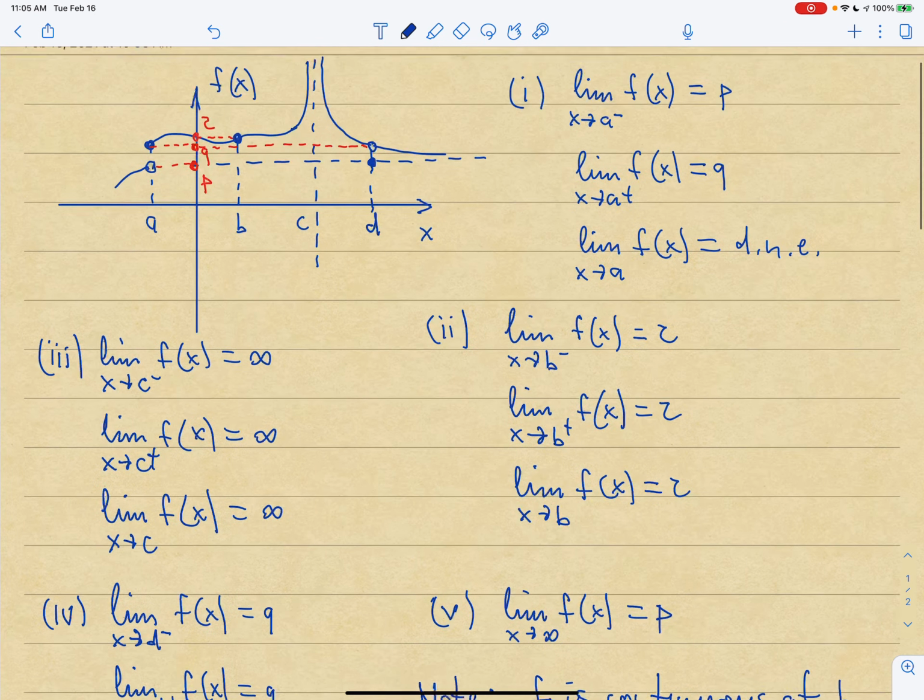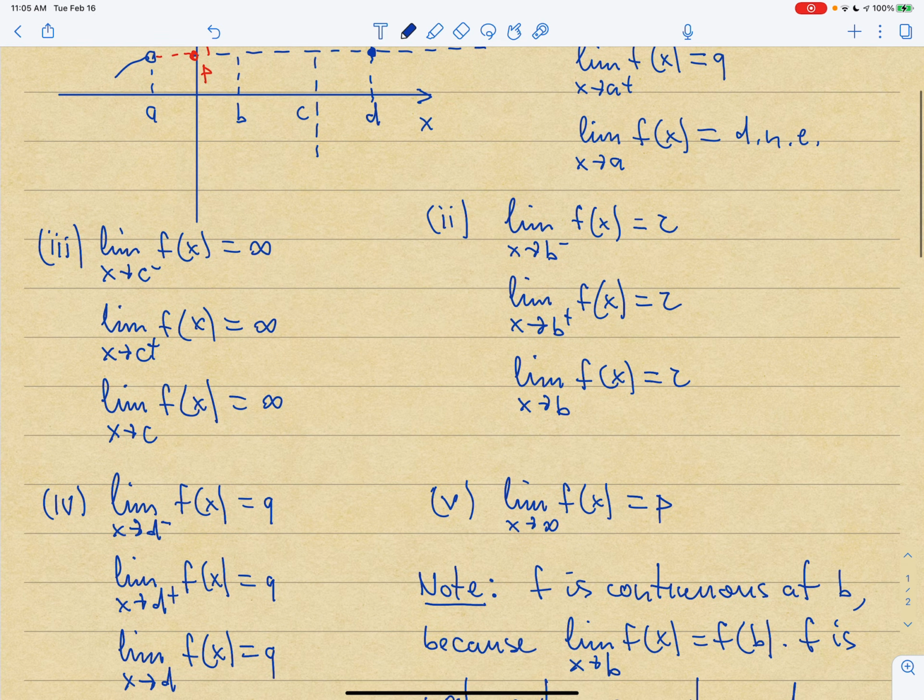So the moral of the story from this example is the following. I have a whole bunch of different limits that I can discuss, right? Limits from the right, limits from the left, limits from both sides, limits as x goes to infinity.